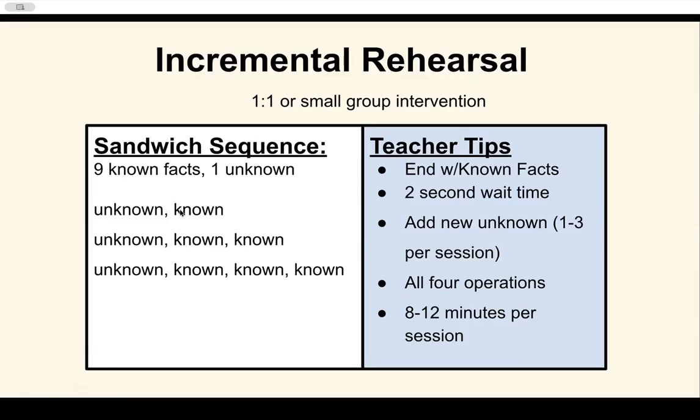After they've completed the unknown fact, they go to the known fact. Then we back up to the unknown fact and do 2 known facts. Then we back up again to the unknown fact and do 3 known facts. I have a video that you can view in just a moment that will make that process easier to understand.